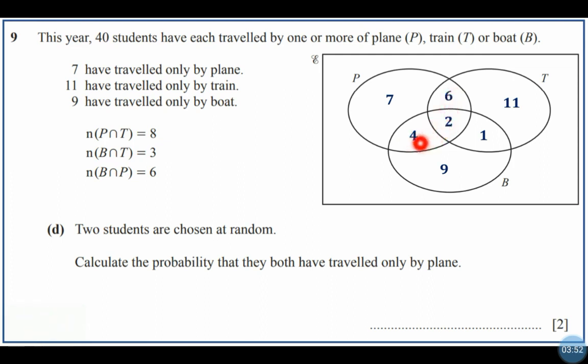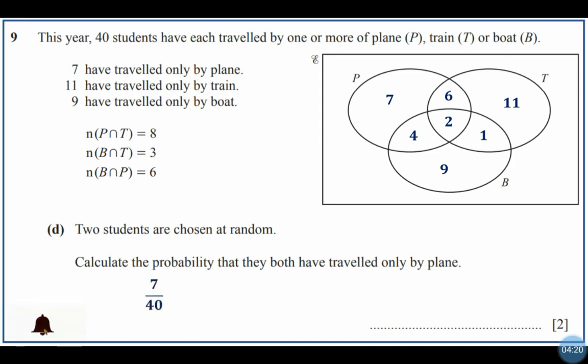Why? Because they should only travel by plane. Because this 6 students are traveling both by plane and train. 4 students are traveling both by plane and boat. And 2 students are traveling with all the 3 modes of transportation.